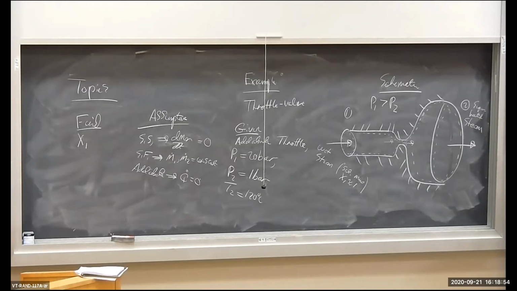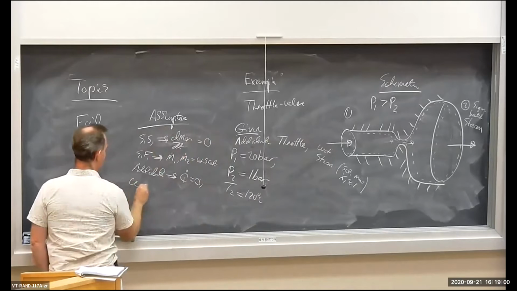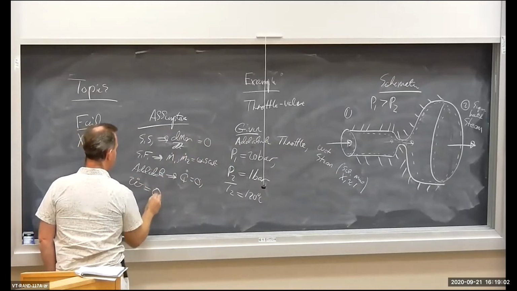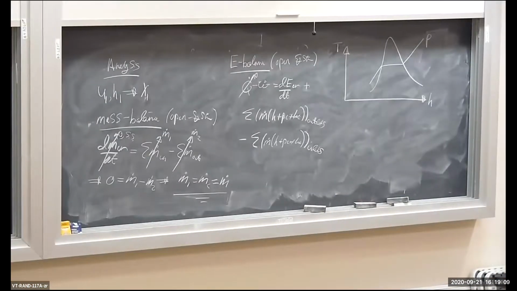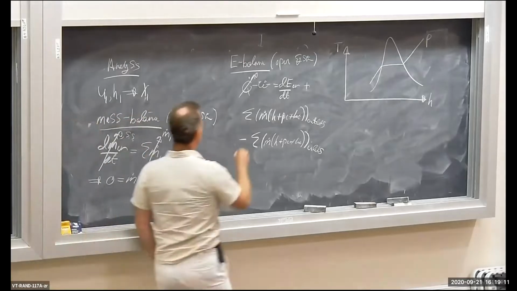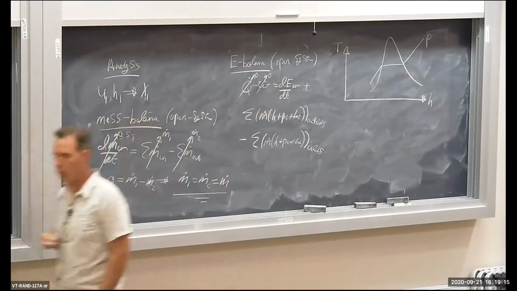Therefore, there is no boundary work. So I'm going to write down here in assumptions, W dot equals 0. No shaft, no electric, no boundary work. Okay, no work.